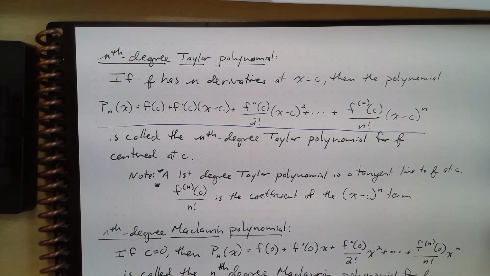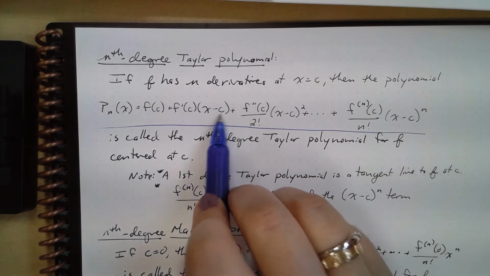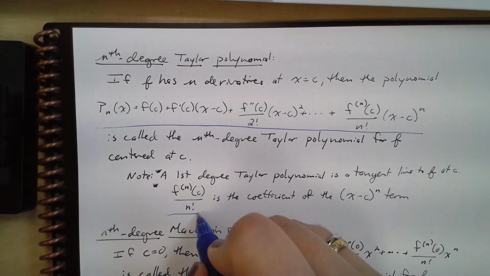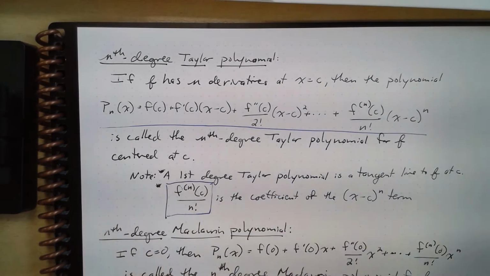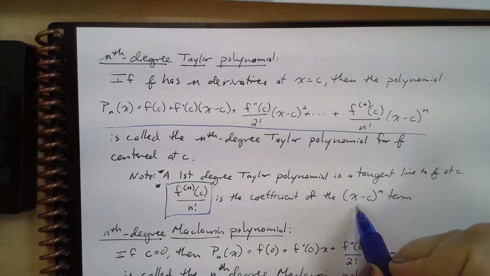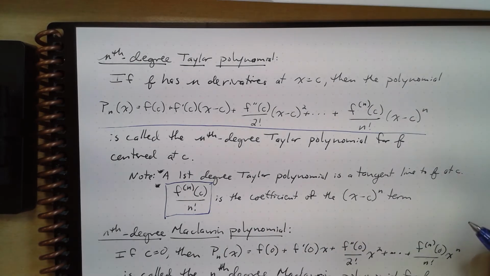That's called the nth degree Taylor polynomial centered at c. So c is the center, and this right here, f to the n of c over n factorial, that's the coefficient of this x minus c to the n term.